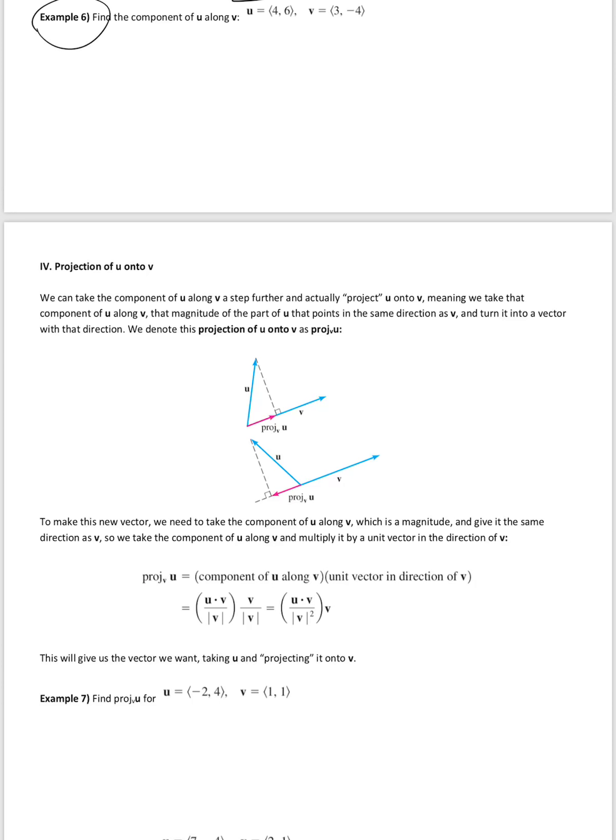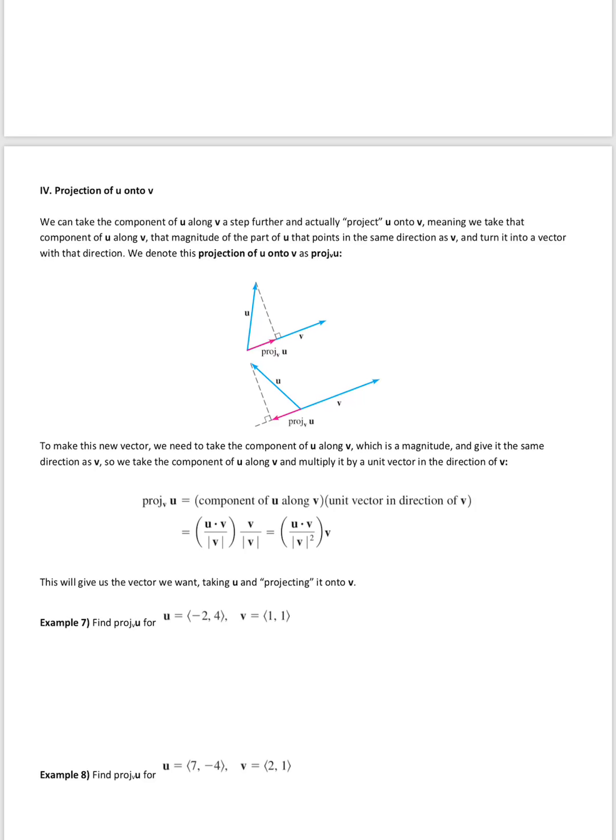So I have this scalar. I have a magnitude. We know that a vector is magnitude and a direction. So we have the scalar, the component, the magnitude, but we need a direction. So how do we get that direction? Just for clarity's sake, these are some pictures of what I'm talking about.